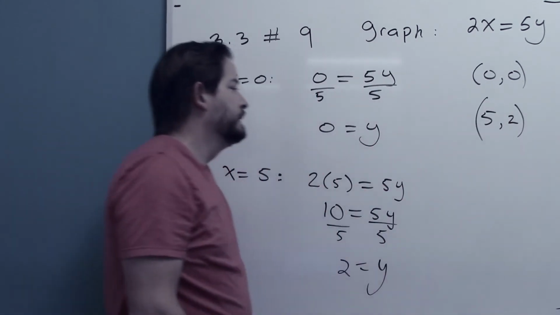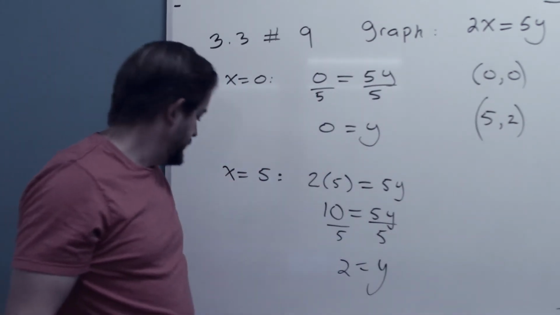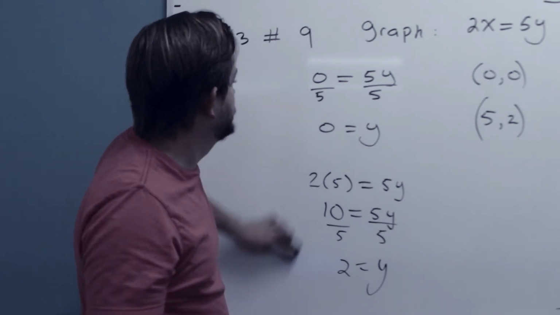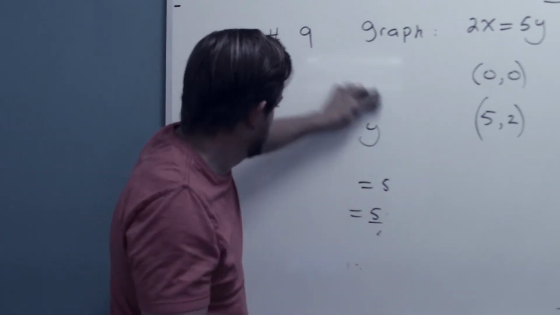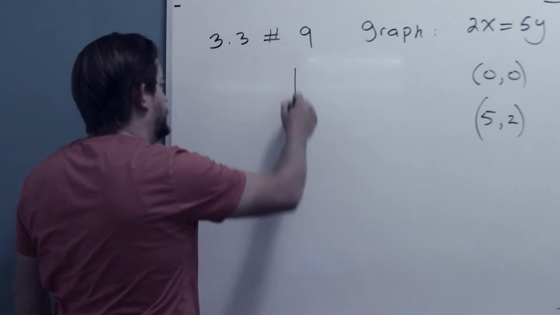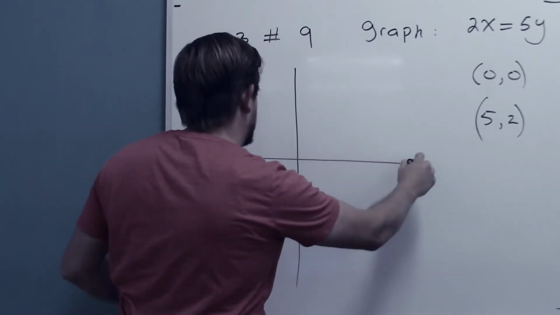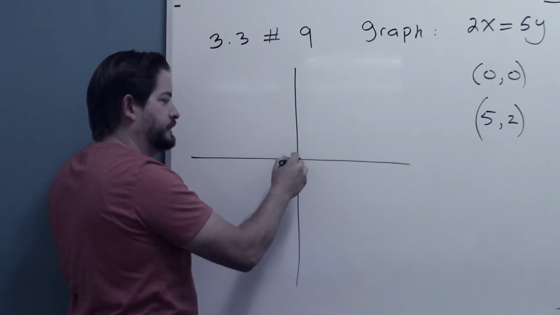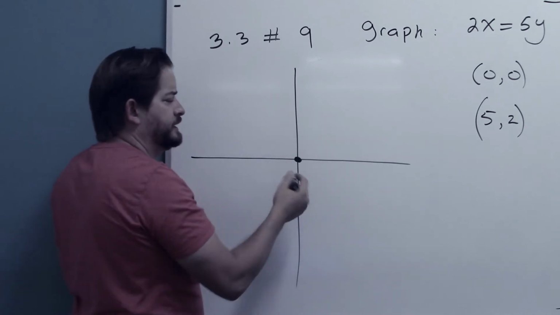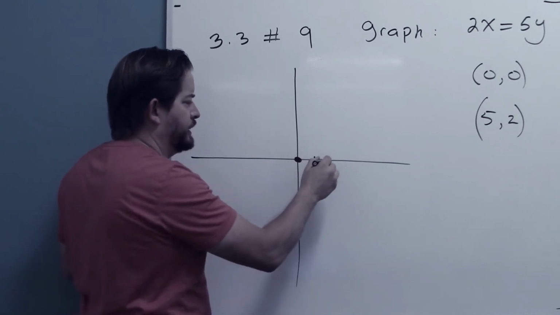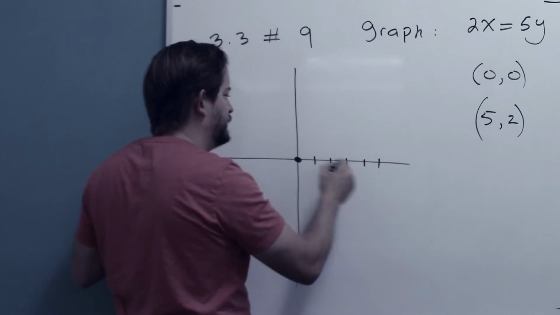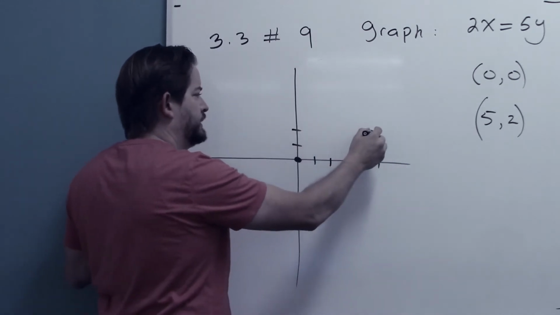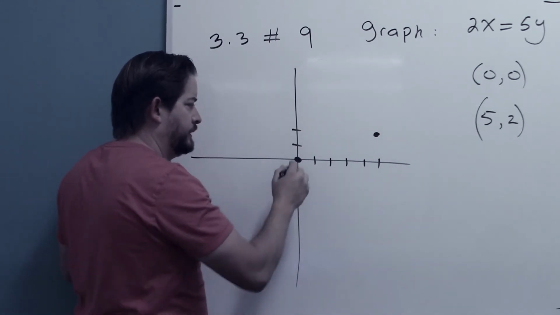So I have another point, 5, 2. And I can graph this, right? Throw up an axis. I have that first point 0, 0, that's both intercepts, and then I simply have the point 5, 2. So 1, 2, 3, 4, 5, and then 1, 2, that's my other point.